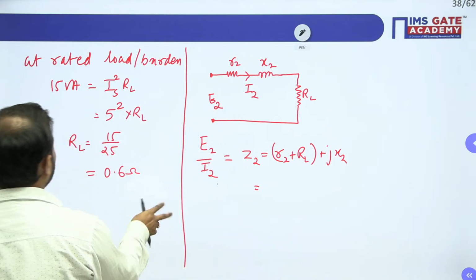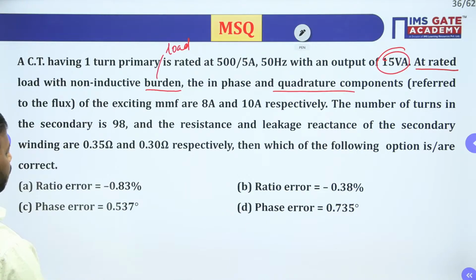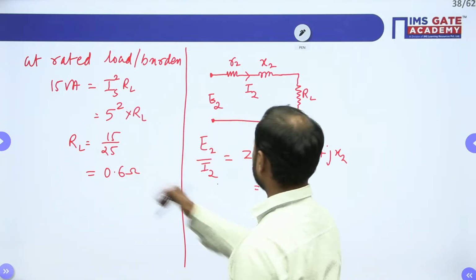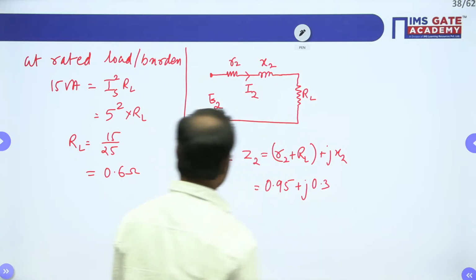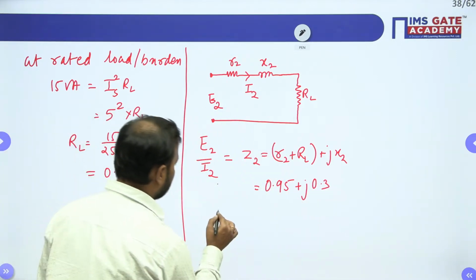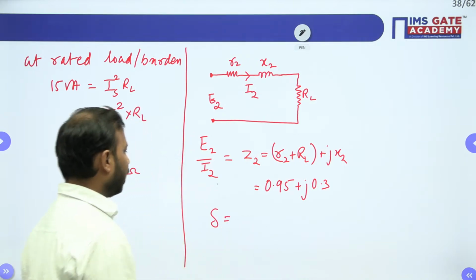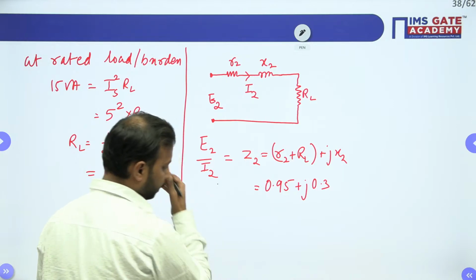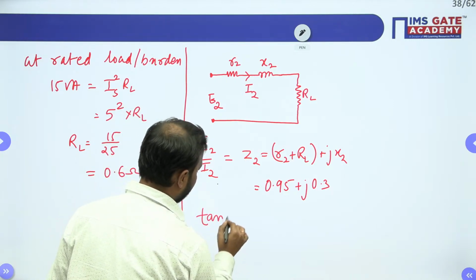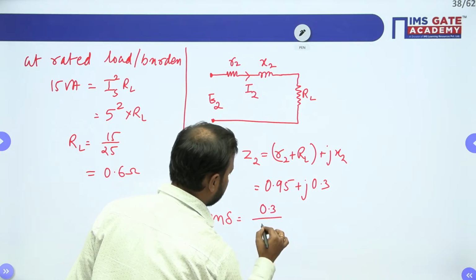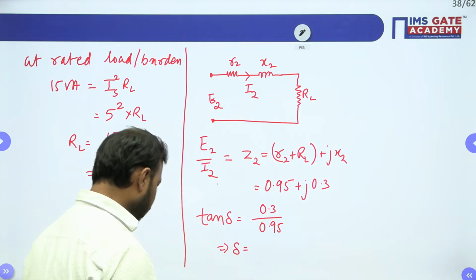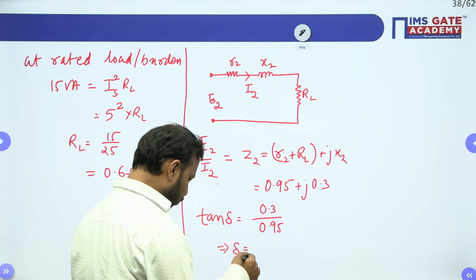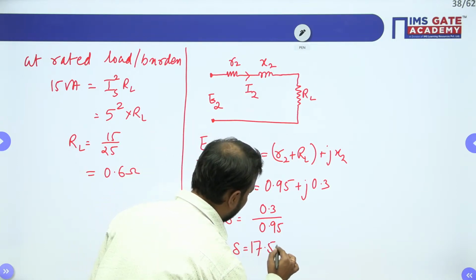Small r2 is given in the question as 0.35, so 0.35 plus 0.6 is 0.95, plus j times x2, which is given as 0.3. So del is tan inverse of imaginary by real, which gives del equal to 17.525 degrees.